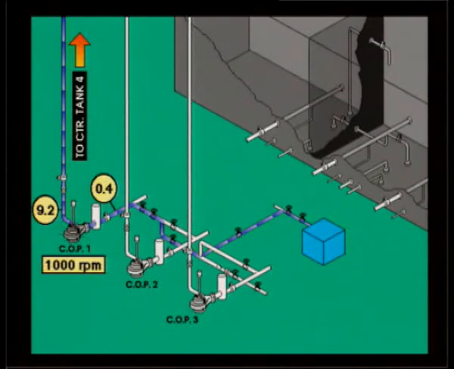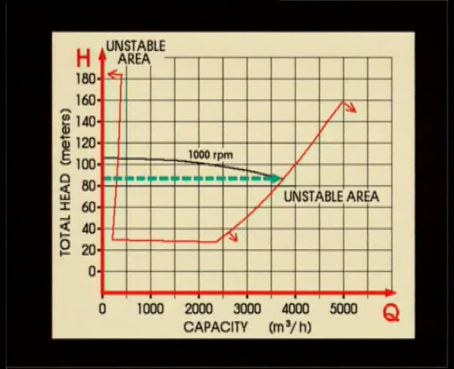Discharge side shows 9.3 kilograms per square centimetre, and the suction side 0.4 kilograms per square centimetre. You are pumping seawater with a specific gravity of 1.025. From the HQ curves, you can see you are pumping approximately 3,700 cubic meters an hour.